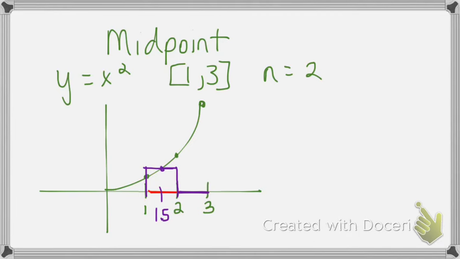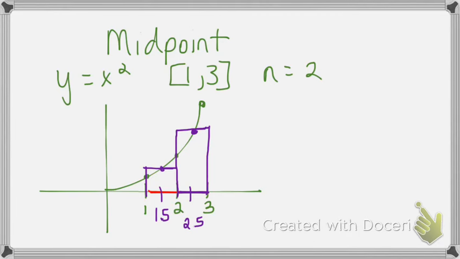So then I look at the midpoint between 2 and 3, which is what? 2.5. And whatever the height is at 2.5, that's how tall the rectangle should be. There are times where trapezoid is a really good estimate, and there's times where midpoint is a really good estimate.